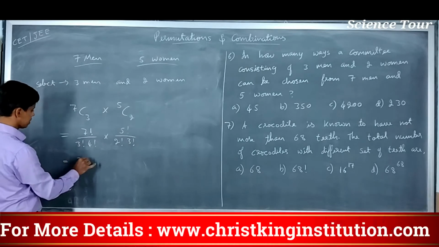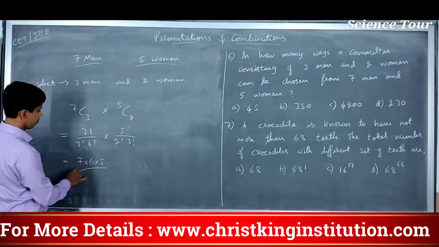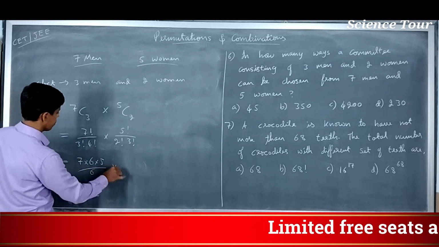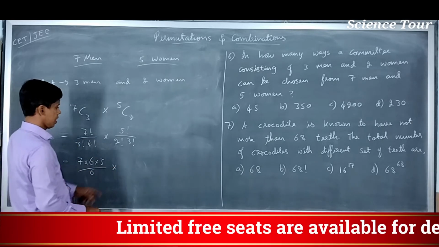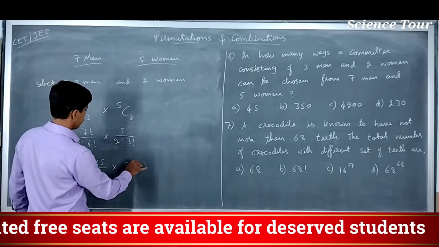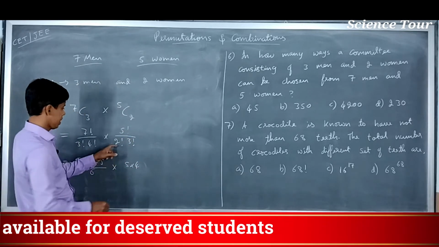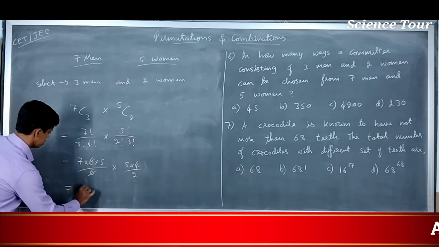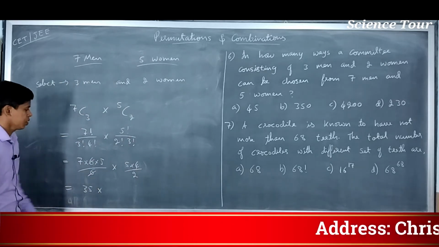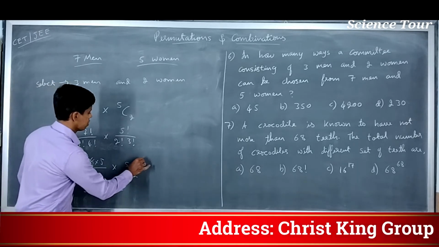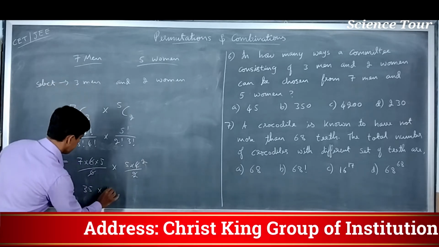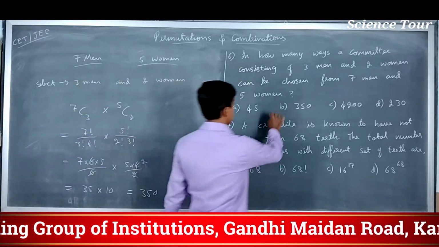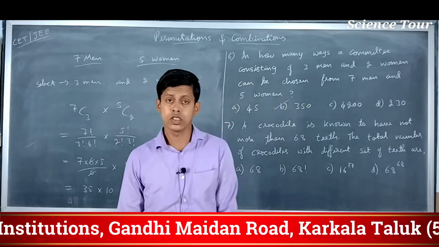So this is like 7, 6 and 5. 4 factorial can be cancelled, 3 into 2 is 6, and then this is like 5 into 4, 3 factorial can be cancelled, divided by 2. So cancel out this, this is 35, and here it is 10, which is 350. So 350 is the answer, option B. Option B is the answer for the 6th question.